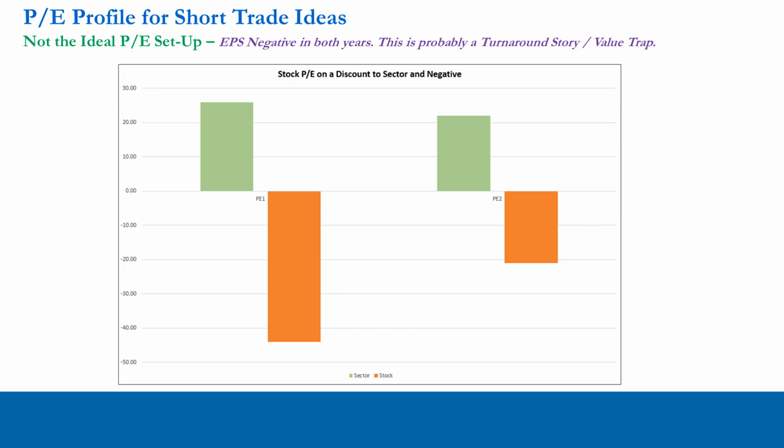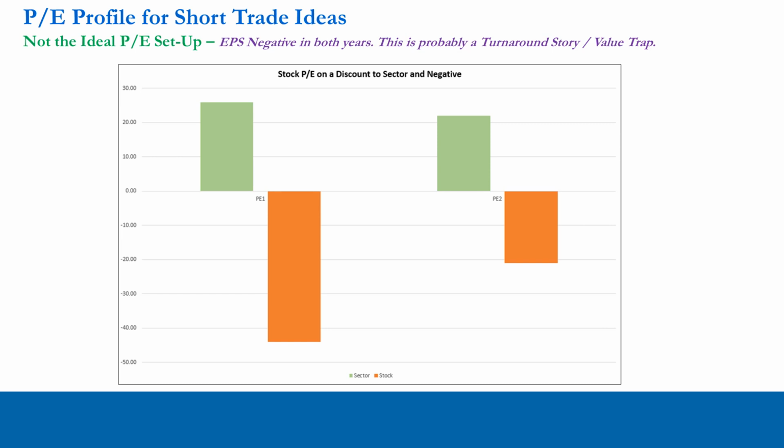So we have a negative PE1 and a negative PE2. So the company is a loss-making operation, and because of negative EPS, it simply has a negative PE1 and a negative PE2. So loss-making in both periods.